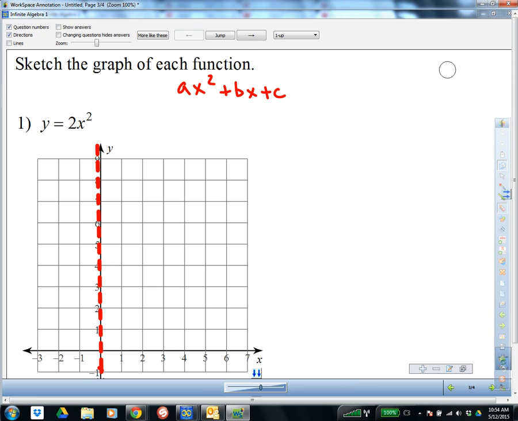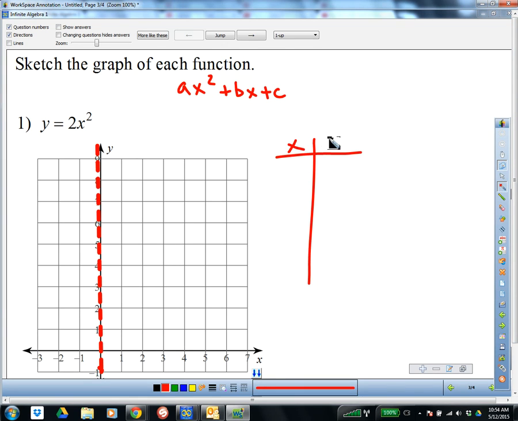So in order to plot points, remember we make our x, y t-chart, and what you're going to do is pick a point. If this is the axis of symmetry, then I know I probably should just pick 0. If I was to show my work over here, it would be 2 multiplied by 0 squared, since I'm putting 0 into 2x squared.